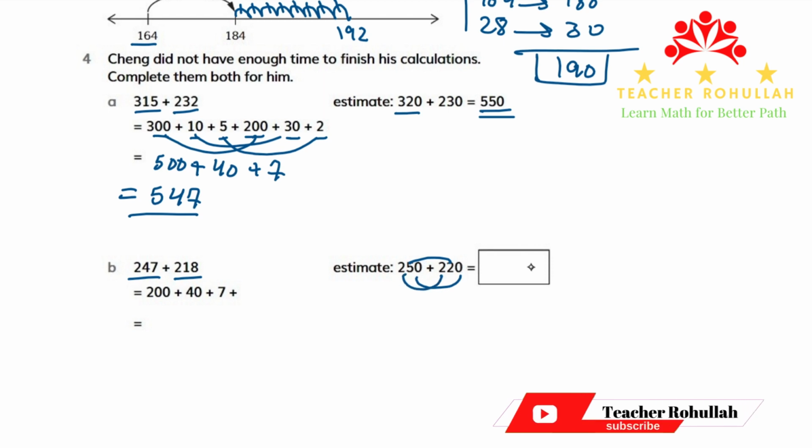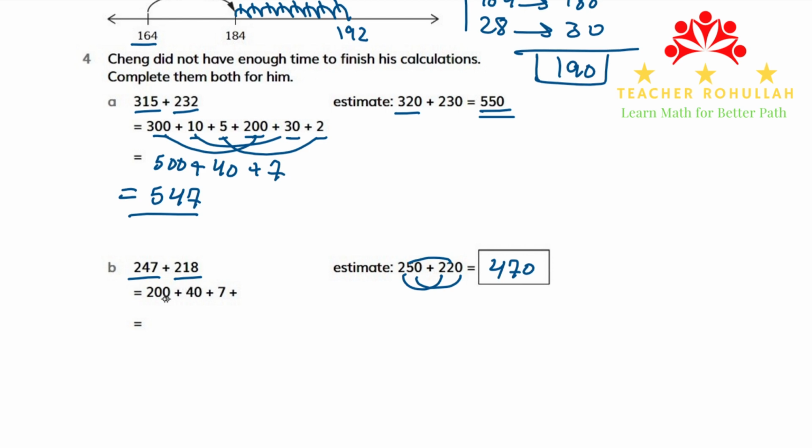So 0 plus 0 is 0, 2 plus 5 is 7, and 2 plus 2 is 4. This means that the estimated sum is 470. When I say sum, it is the answer to addition. When we add two numbers, the answer that we get is called sum or total.